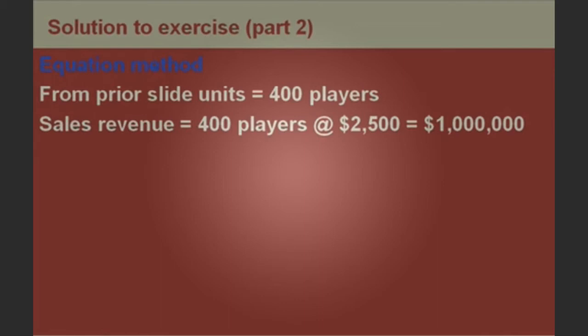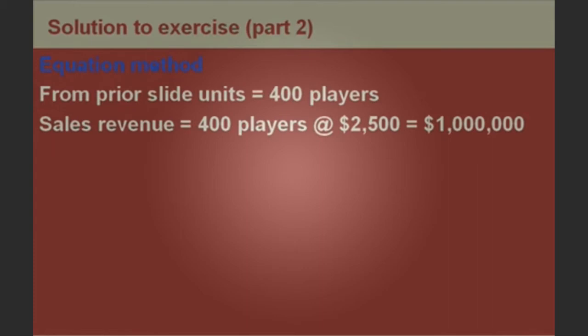So for 400 players, it's $1 million. So the answer is, to break even, the sales is $1 million. You have to sell $1 million worth of players to break even.